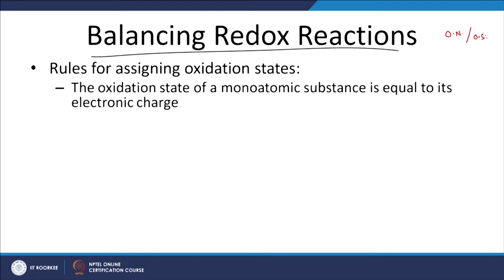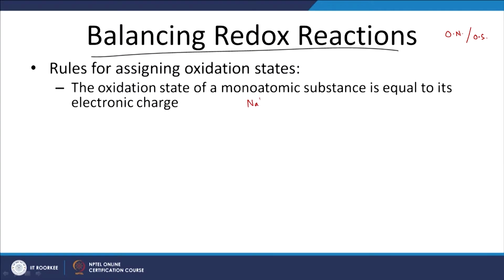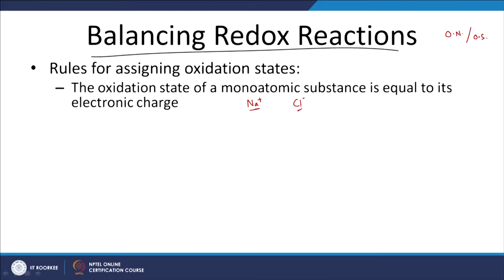The first one is for a monoatomic substance, the oxidation state is equal to its electronic charge. For example, here we have Na+ or Cl-, right? These exist in solution. And so obviously the oxidation state of sodium here is +1, and for Cl it's -1, right? So that's pretty simple out there. Again, based on the principle of charge balance, nothing else there.